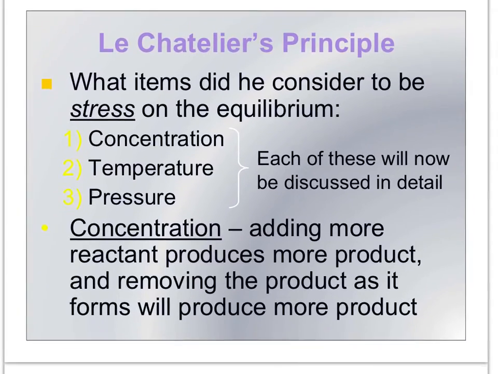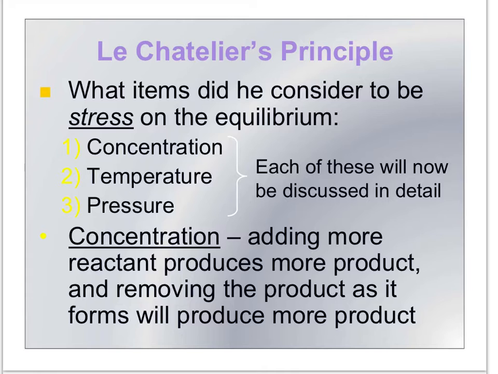The different things that could stress my reaction would be a change in the concentration of the products or the reactants. I can add more reactants, I could take them away, I could remove the products as they form or something like that. I can change the temperature, can heat it, can cool it, or I can change the pressure, and this is only going to affect gaseous species.